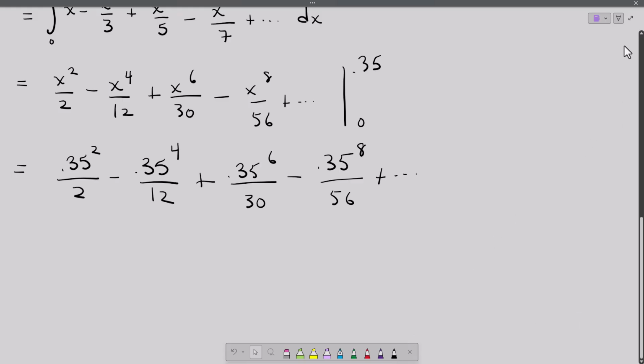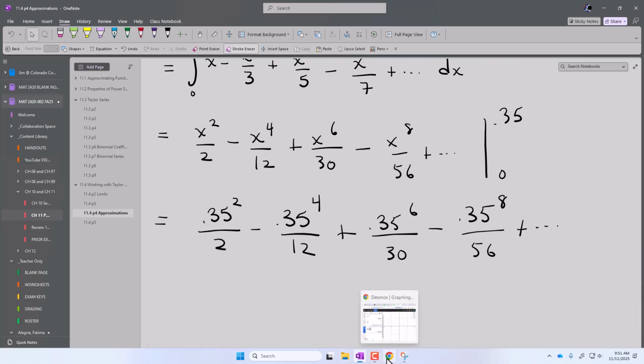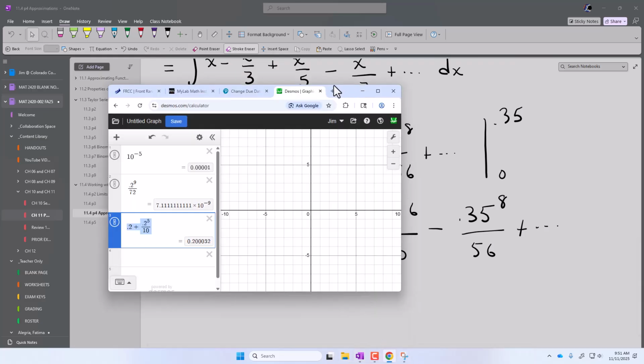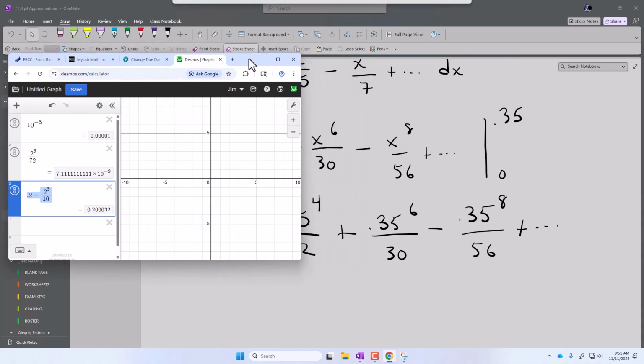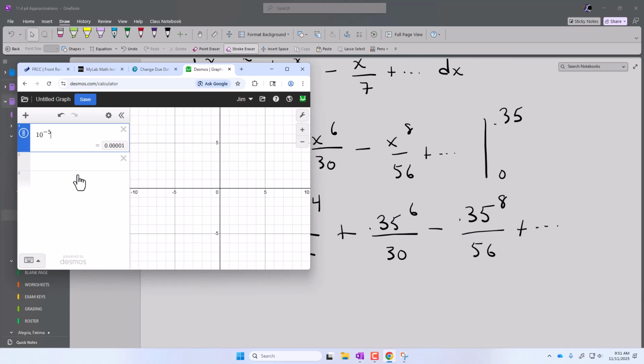We need to know where is the first term that is less than the threshold that was given, which was 10 to the negative 5. So we're going to do the same type of thing here. Let's just start with 0.35 raised to the 6th power, divided by 30. Is that one less? We have 4 zeros and a 1.